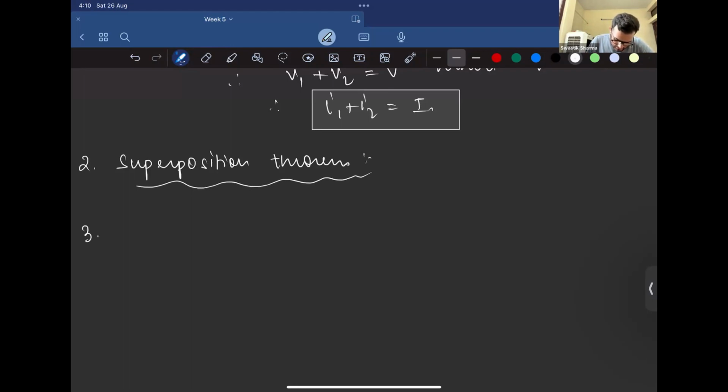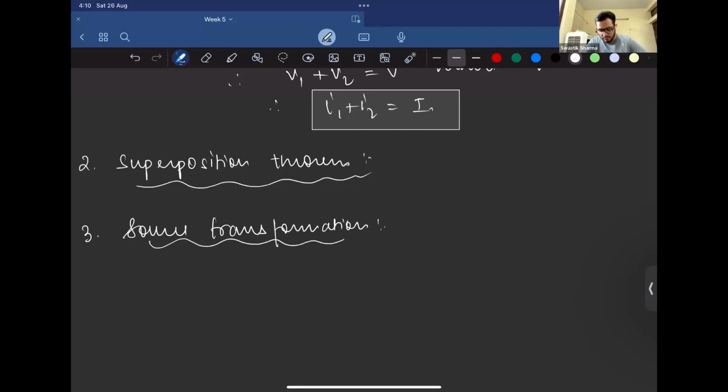And third, after superposition, we discussed source transformation. We said it's based on the concept of equivalence, that if a circuit has similar VI characteristics to that of the original circuit, we can transform it to that circuit.